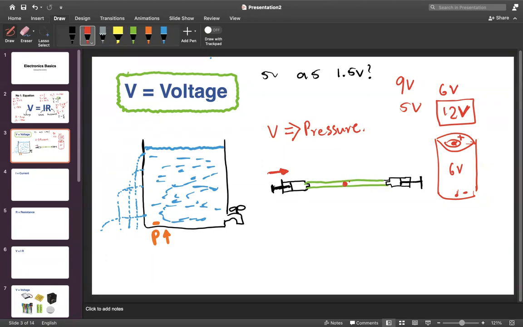And then there is someone who's bigger than you, let's say your elder sibling. Do you have an elder sister or brother? I don't have elder sisters, but I have younger sisters. All right, so let's say you are the elder one, so you are stronger than your younger sister. You know how you operate a syringe, right?